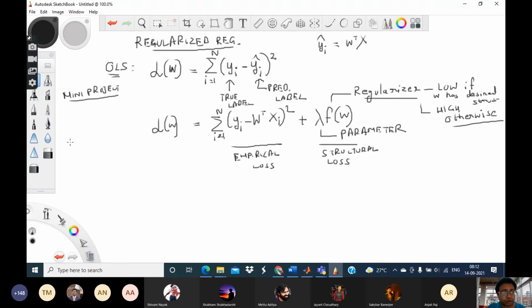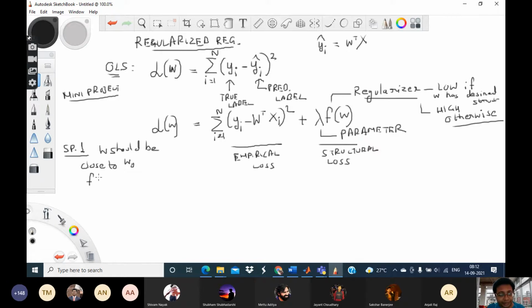So yesterday we saw an example. What was that example? Let me call it SP, structural property 1. What did we consider? W should be close to W naught, where W naught is my favorite vector.